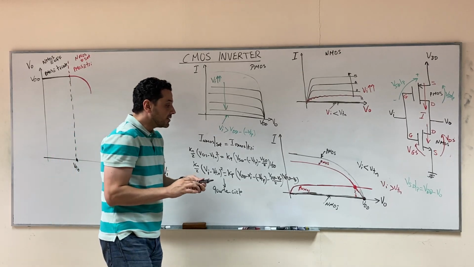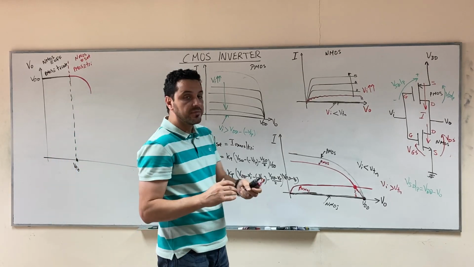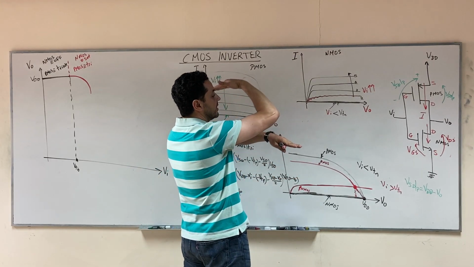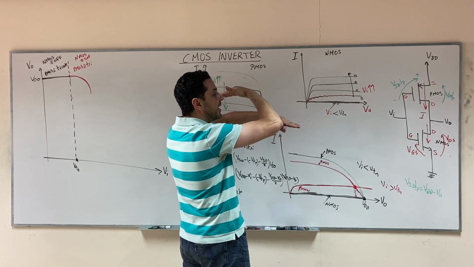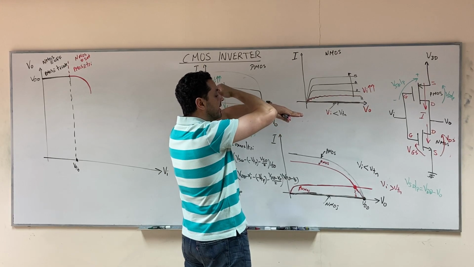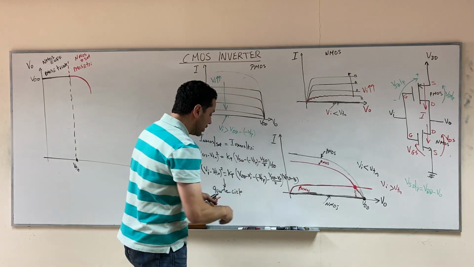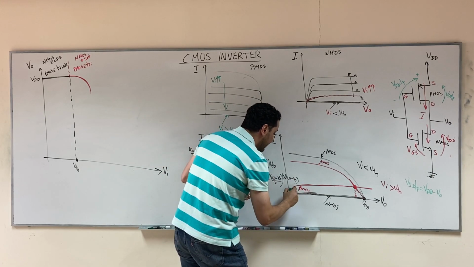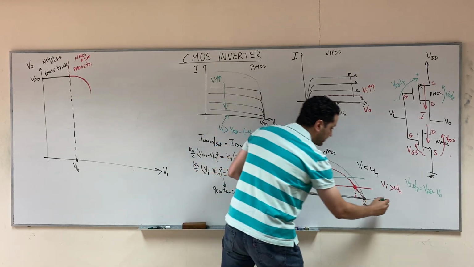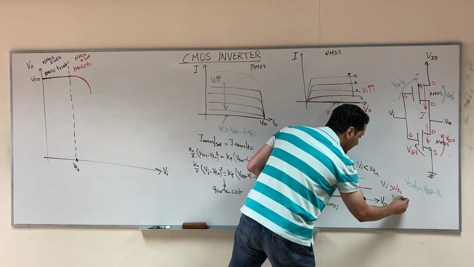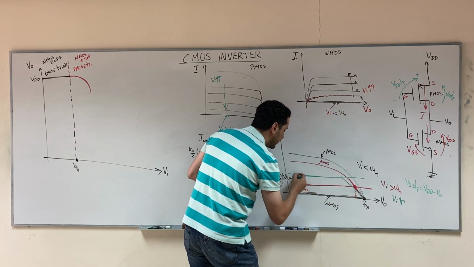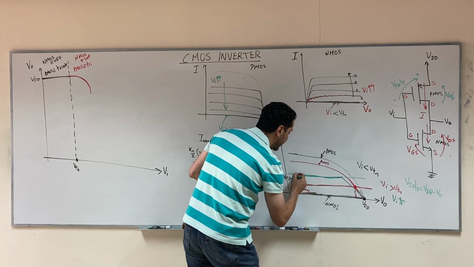Next, what do you imagine will happen if we increase V input more? So the NMOS curve is here, the PMOS curve is here. If we increase the input more, the NMOS curve is going to increase and the PMOS curve is going to decrease until they overlap, right? So the next case that will happen is that you will get a curve for the NMOS like this, and a curve for the PMOS like this, and then they will start to overlap in a big line.